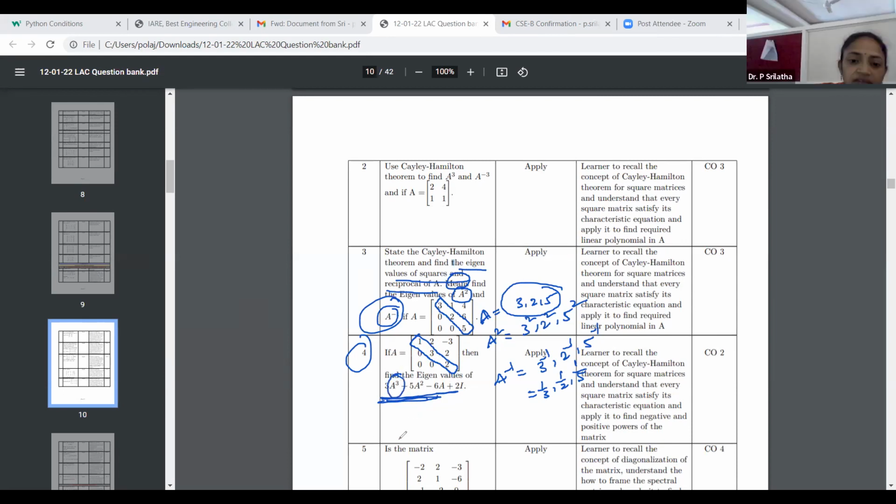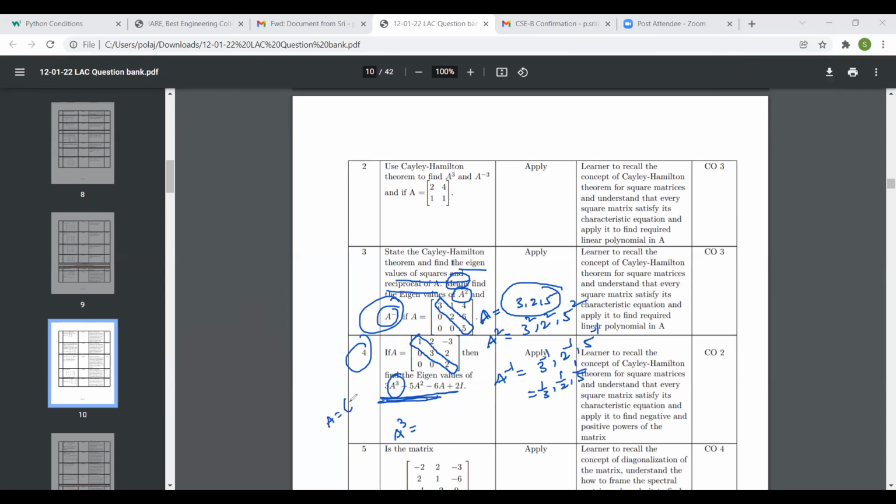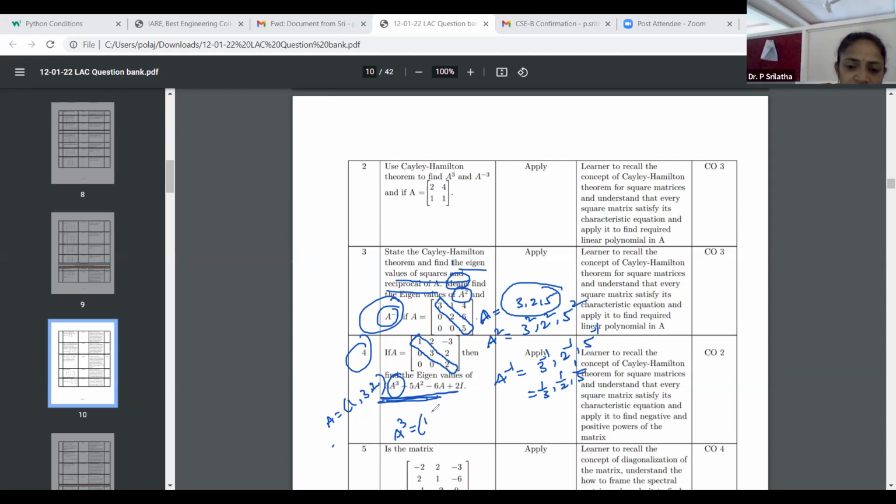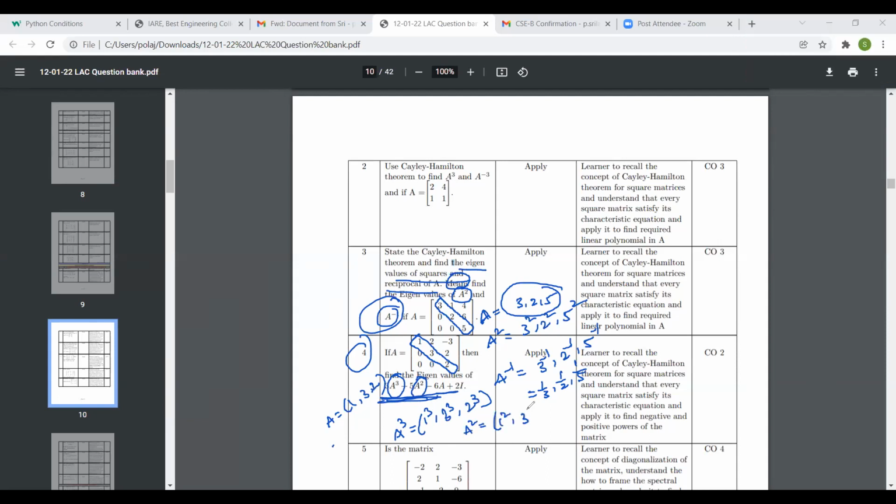The eigenvalues of A are 1, 3, 2. So what about the eigenvalues of A cube? 1 cube, 3 cube, 2 cube. And of A square? 1 square, 3 square, 2 square. The eigenvalues of A are as given.